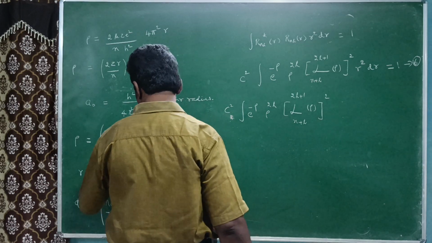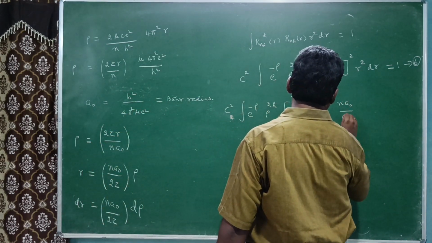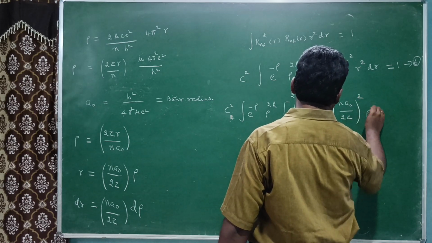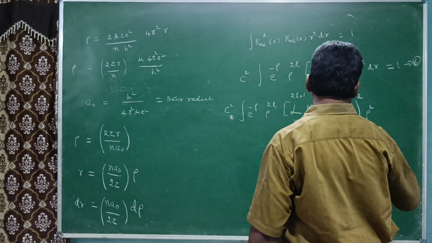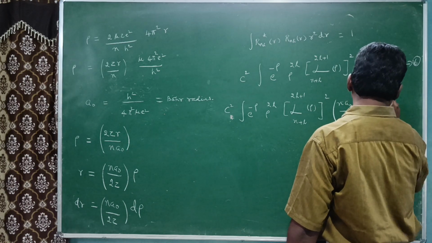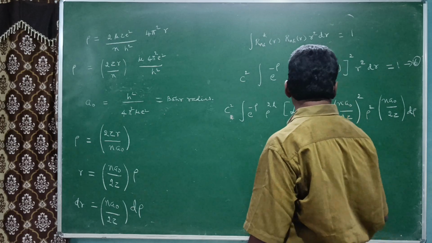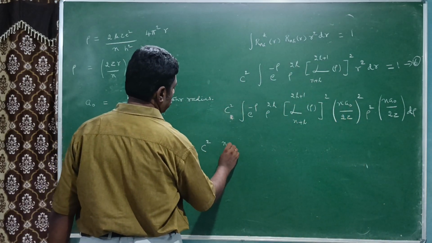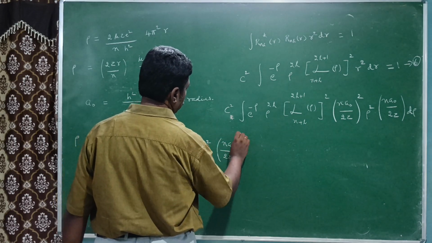Then the value of r² is (n a0 divided by 2Z) whole squared into rho², then dr is n a0 divided by 2Z into d-rho. Then this is C² (n a0 by 2Z) whole cube.